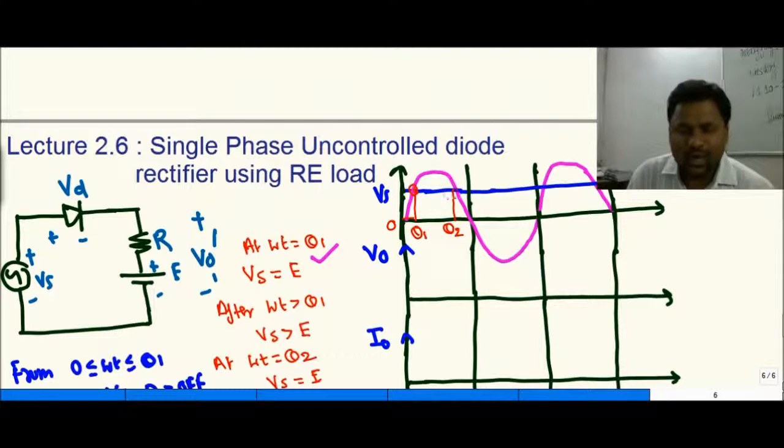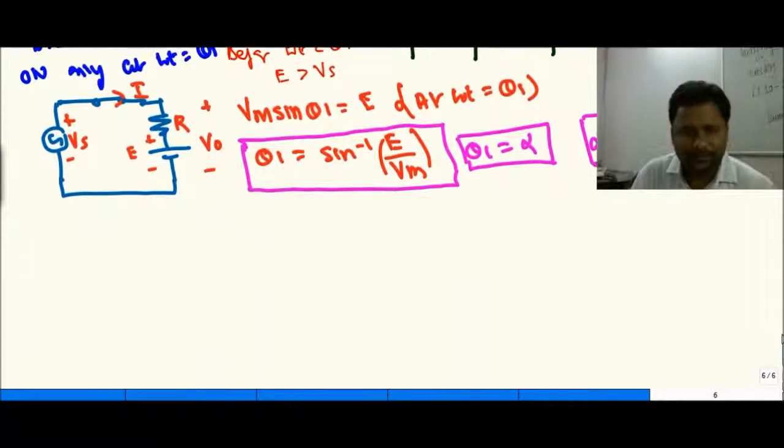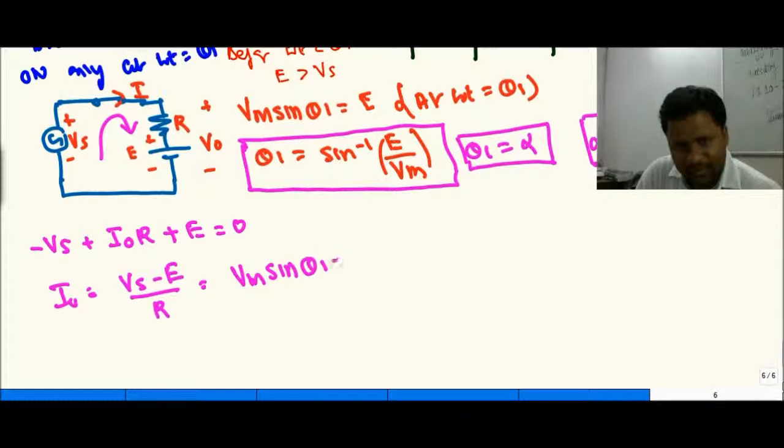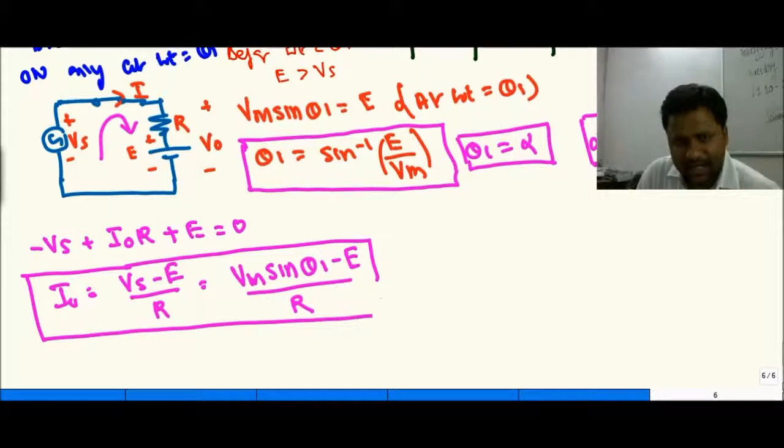From the loop equation, minus Vs plus I naught into R plus E equals 0. Calculating I naught, it is Vs minus E divided by R, that is Vm sin theta 1 minus E divided by R. This is the expression for the load current flowing in the RE loop.